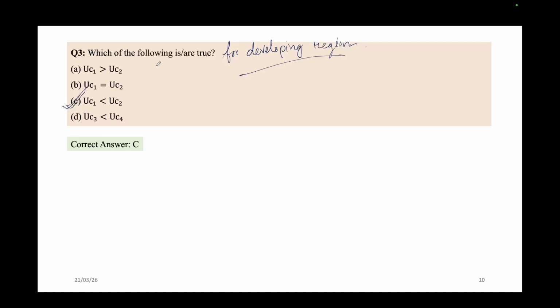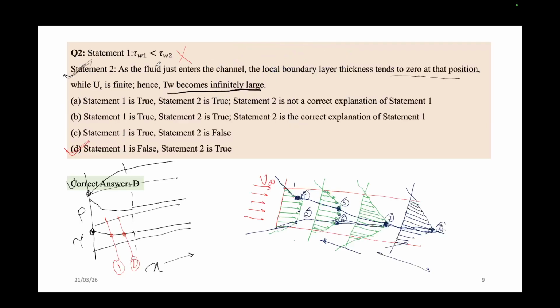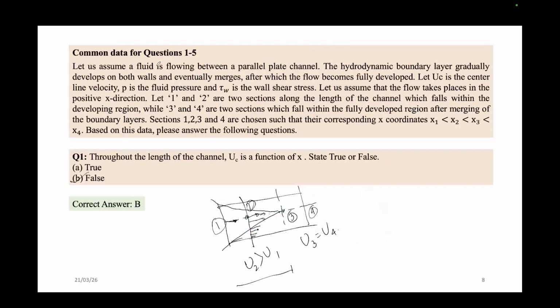It is given in the question. But 1 and 2 are in the developing region while 3 and 4 are in the fully developed region. Got it? Just a minute. Let me check one thing.